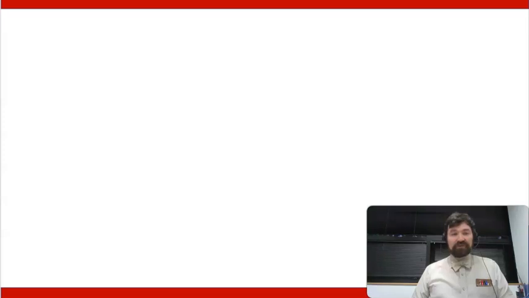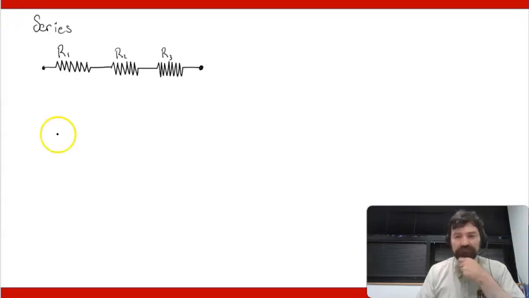So what do we end up doing for this sort of standard approach? Well, we can consider them in either series or parallel. Considered in series, we end up having a simple diagram like this.